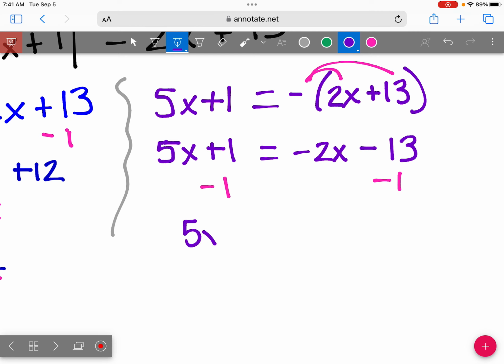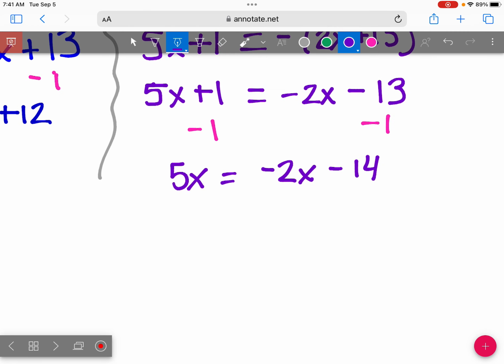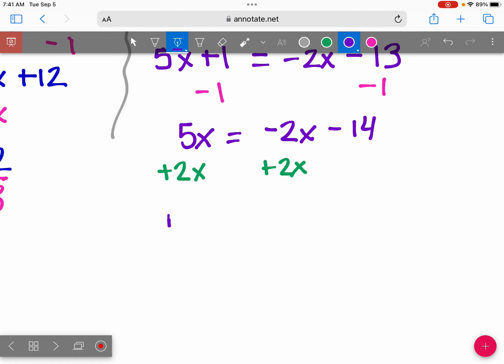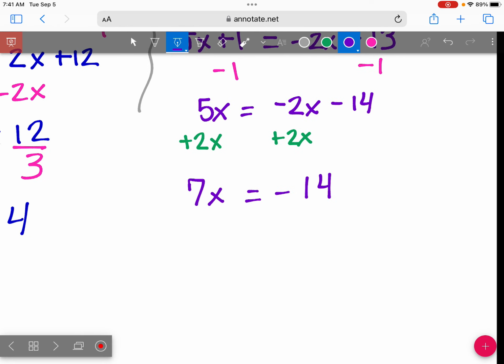We get 5x equals negative 2x minus 14. Then what are we going to do? Add 2x. And we get that 7x equals negative 14.